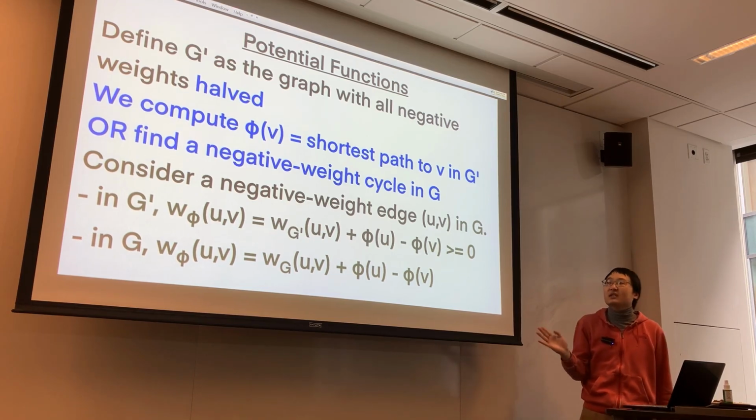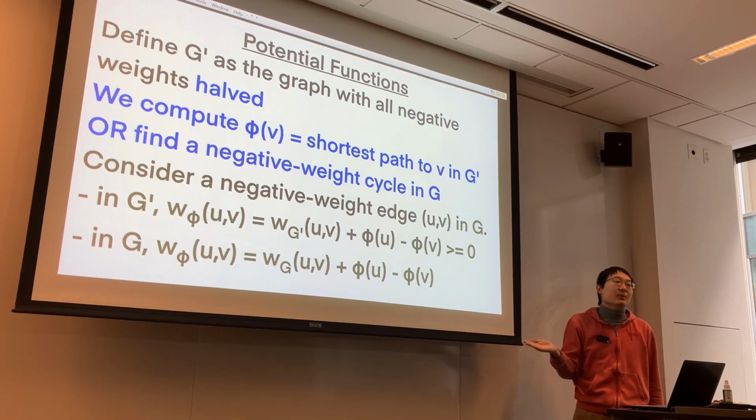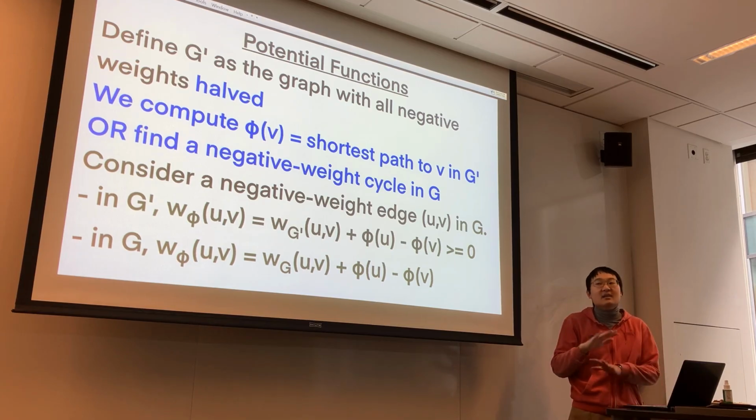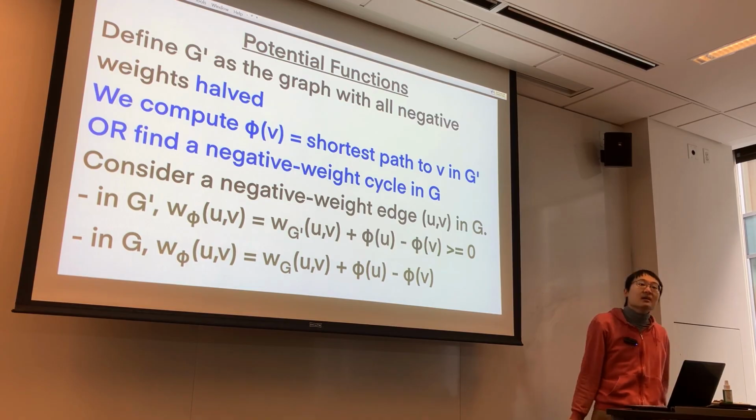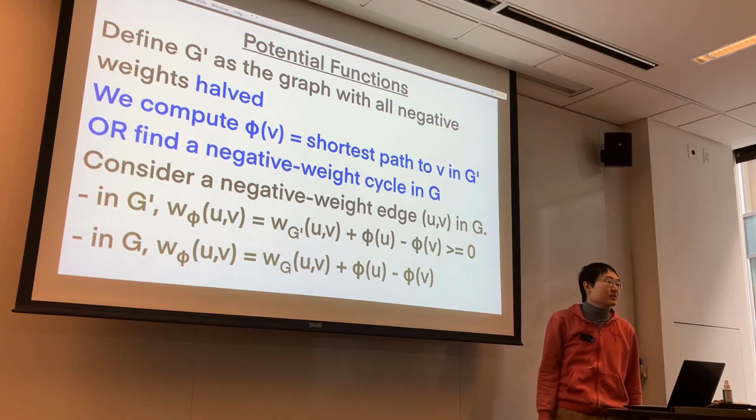So there's a failure condition in negative weight shortest path: if there's a negative weight cycle, you can just declare failure, output a negative weight cycle, and imply that the distance can be minus infinity. So one failure condition we're allowed is to output a negative weight cycle.